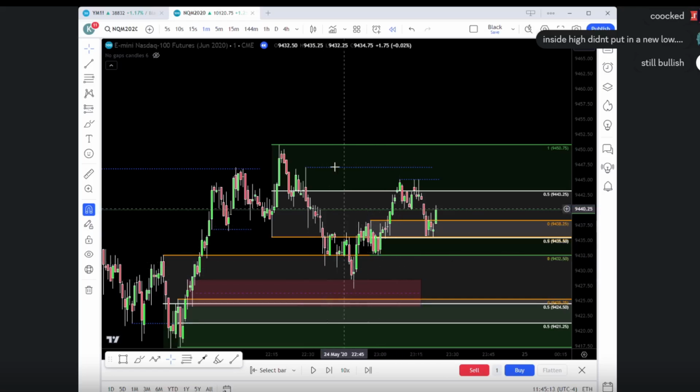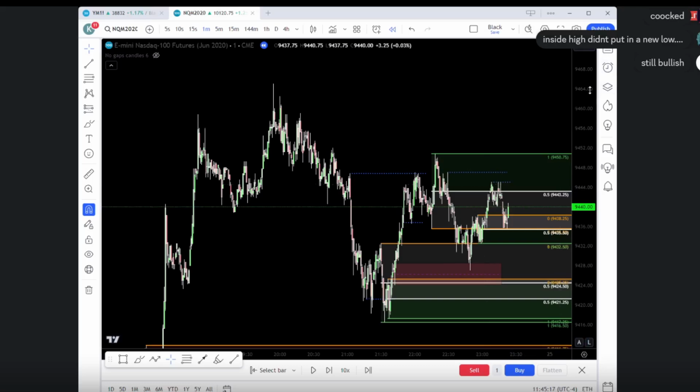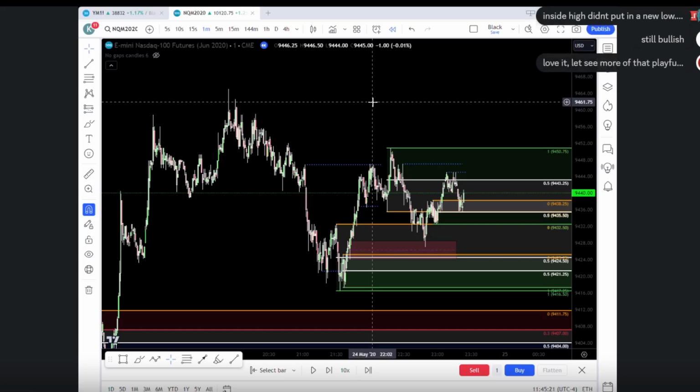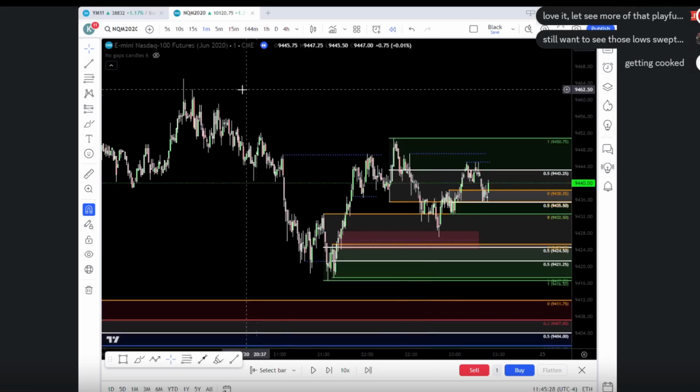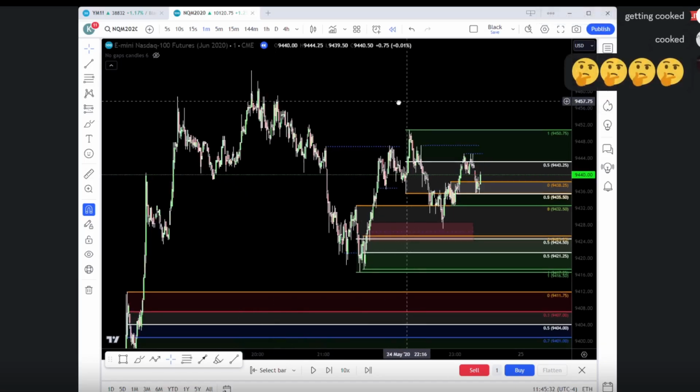Right? Lower time frame delivering higher time frame order flow. Right? And by the way, what happens to this high? We would expect a higher time frame to cook this as well.